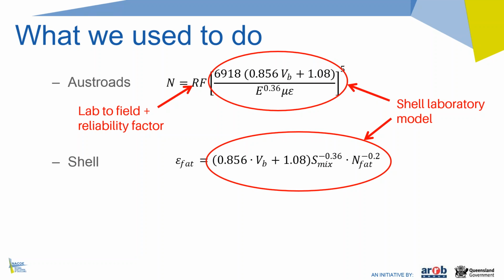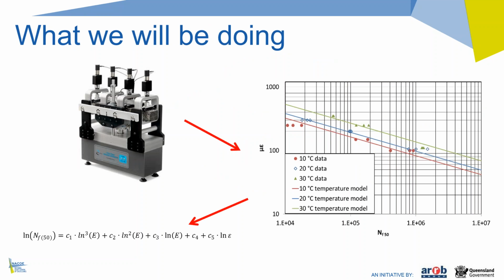So that's what we will be doing: running fatigue tests, again on beam specimens in the laboratory, at different temperatures to develop a laboratory model that is fitted to all the data, the combined data at the different temperatures. The fatigue performance again becomes a function of the modulus in the test and the strain level used in the test.